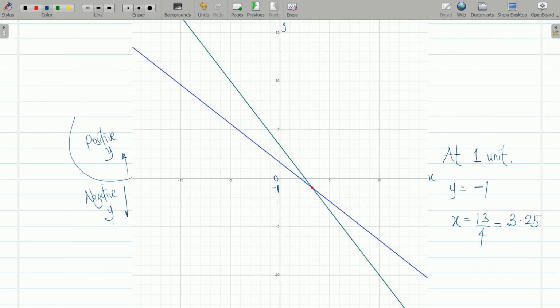Now I can locate the value of y at -1 and x at 3.25. I hope you can see how I have done it.